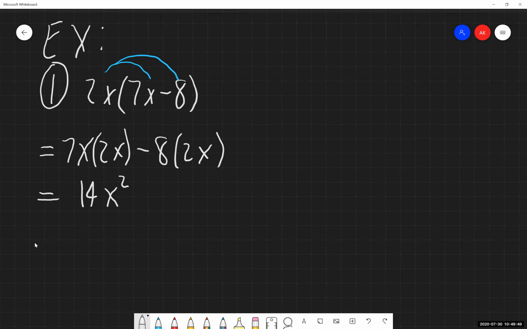So x times x is the same as saying x to the first times x to the first. Bases are the same, they are multiplying, the exponents add together, 1 plus 1 gives me 2. And then for my last part here, minus 8 times 2x, multiply the numbers, negative 8 times 2 is going to give us negative 16. No other variables, so the x is just going to be there as well.